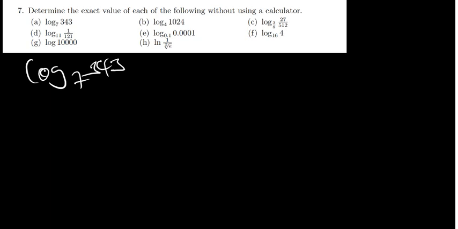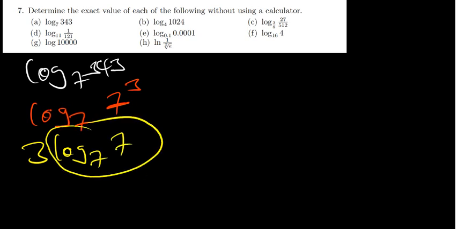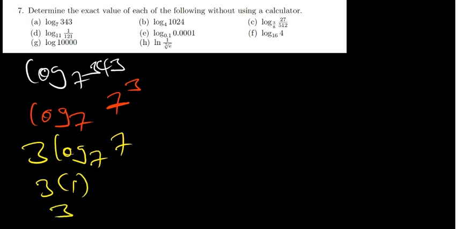So this is log base 7 of 7 to the power 3. The property of log allows us to shift the power to the front: 3 log 7 of 7. This part gives us 1, so we have 3 times 1, which is 3. The exact value is 3.